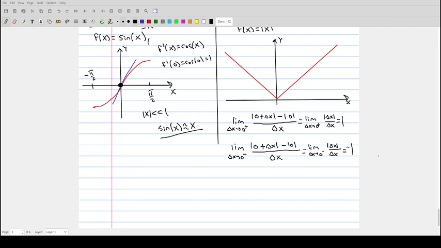So the slope of this function on the left-hand side is -1. So this function is not differentiable at the origin, at x equals 0.